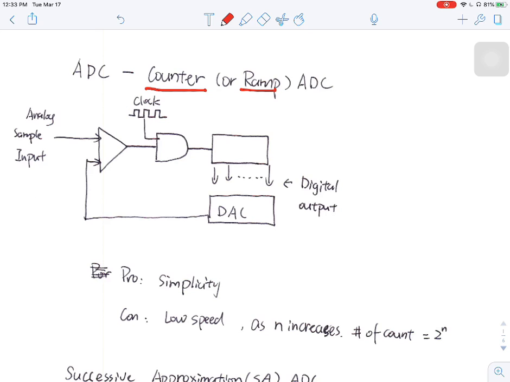ADC should be the first interface, the first component in between your input signal. What are those input signals? Those signals should come from the sensors in your project. So in your project, if you have a temperature sensor or force sensor, it will sense all the information in the environment and convert that into a signal.